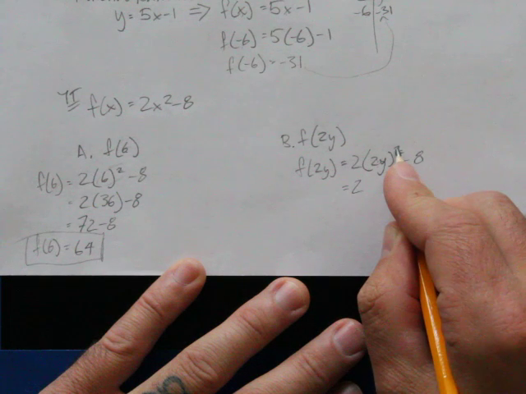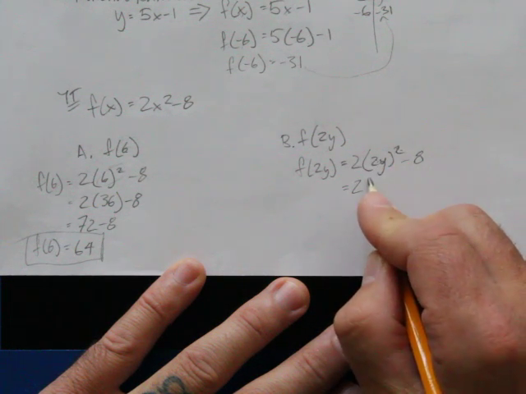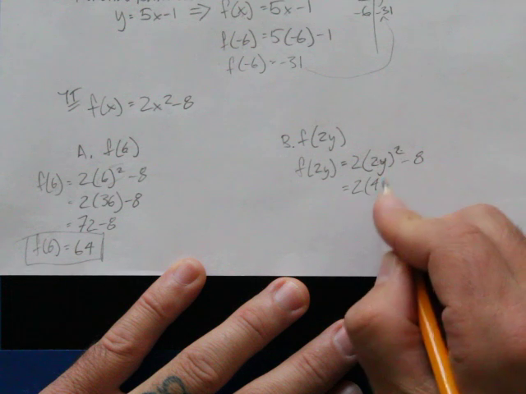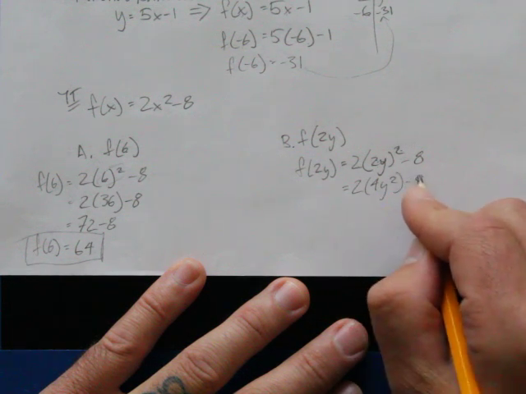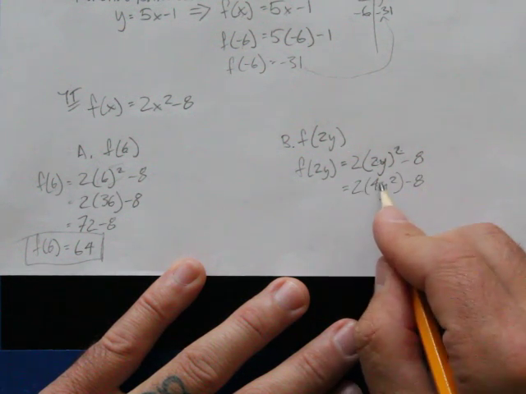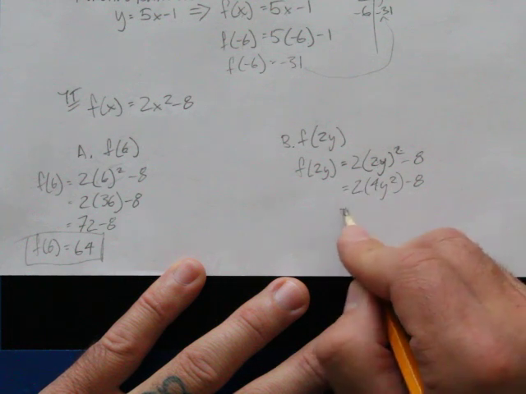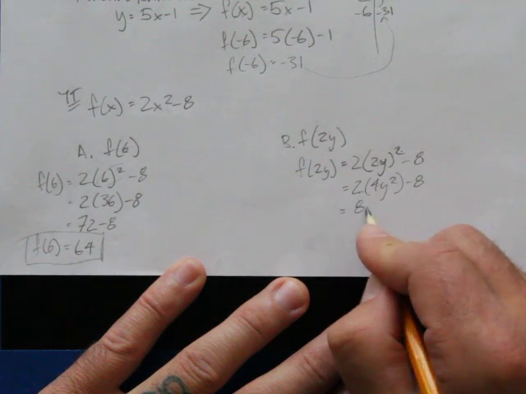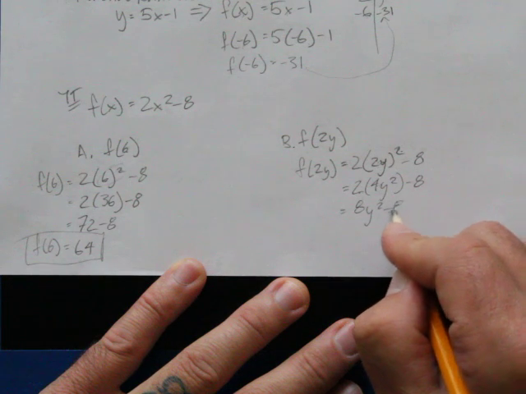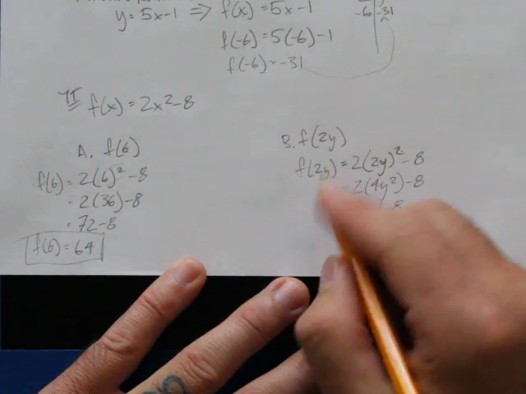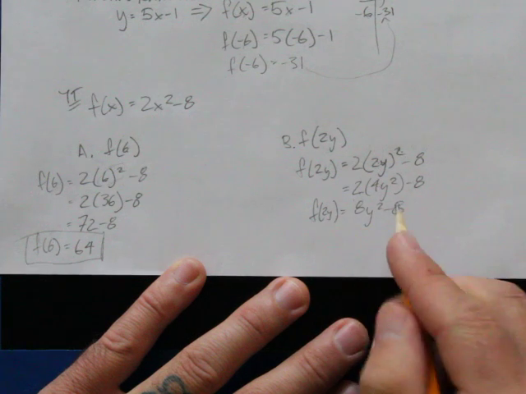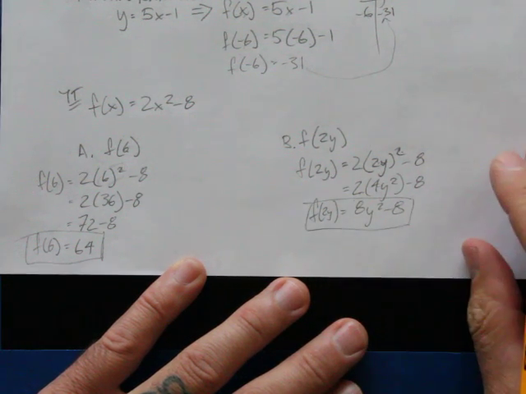So 2 times 2 squared, which is 4, y squared, which is y squared, minus 8. Now I can multiply this 2 in here. 2 times 4 is 8, y squared, minus 8. And that is my answer. F of 2y equals that.